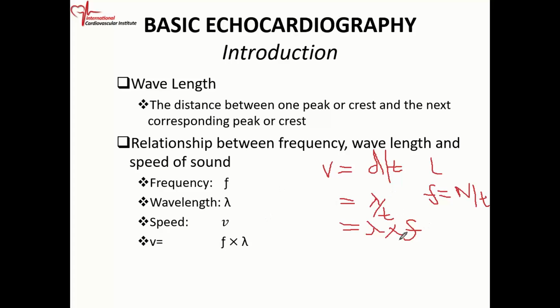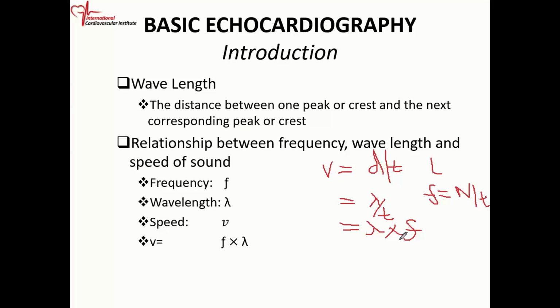And the speed of the ultrasound in a medium is very important, because if someone is talking to you, the sound wave that is created is going to take a little time to get to your ears because it has a speed. The speed of sound in air is about 331 meters per second.